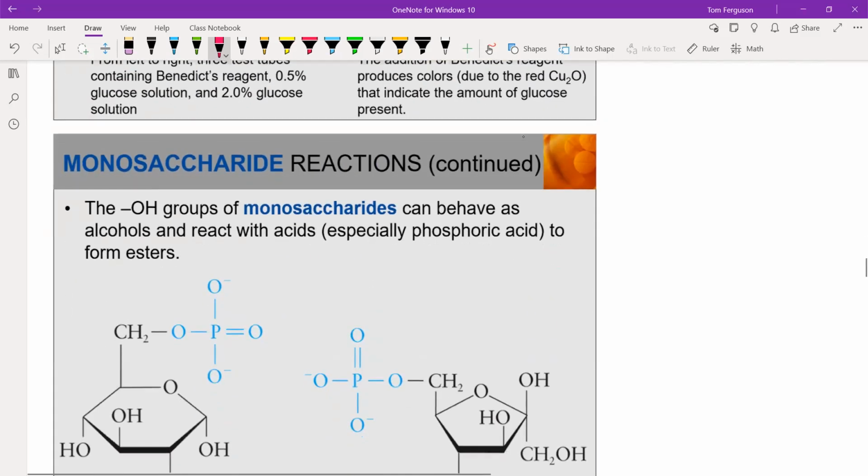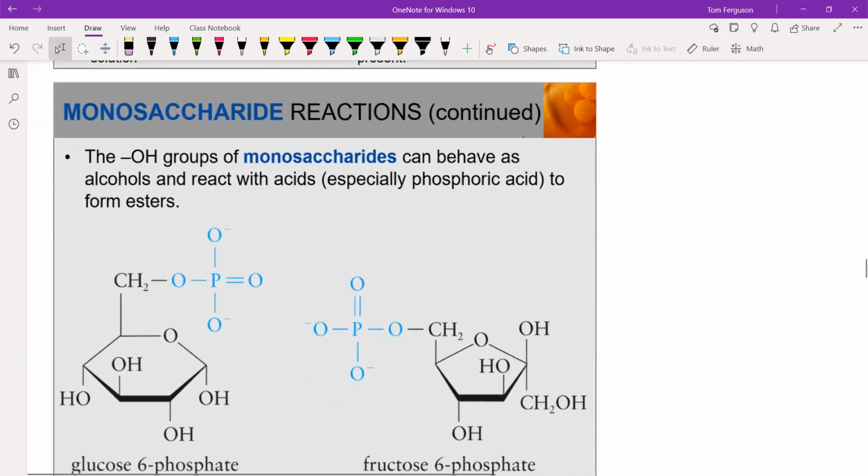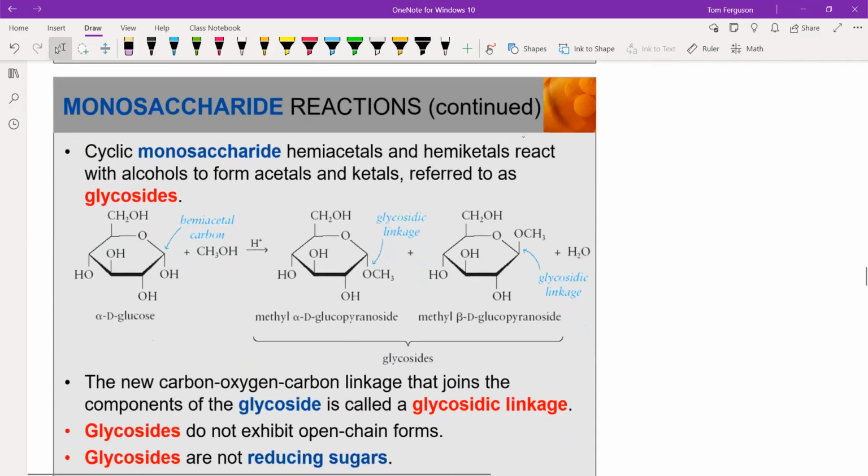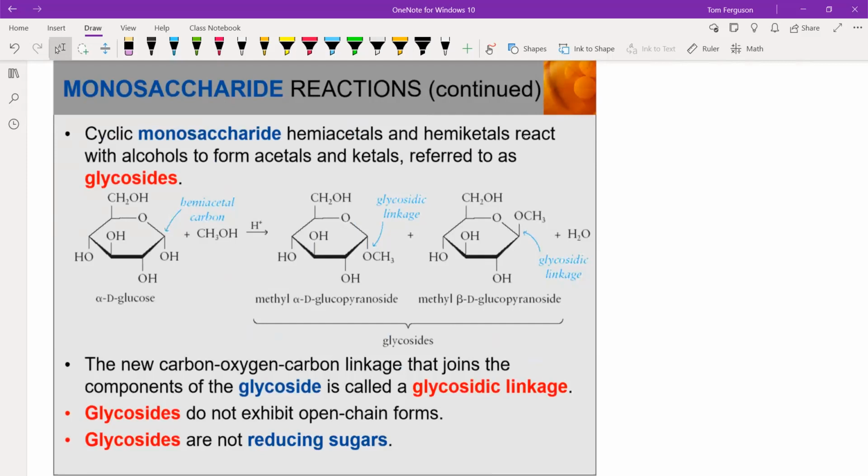So we're not going to worry about this till we talk about lipids. Okay, so that was an introduction to carbs. We have not gone into any of the reactions yet.